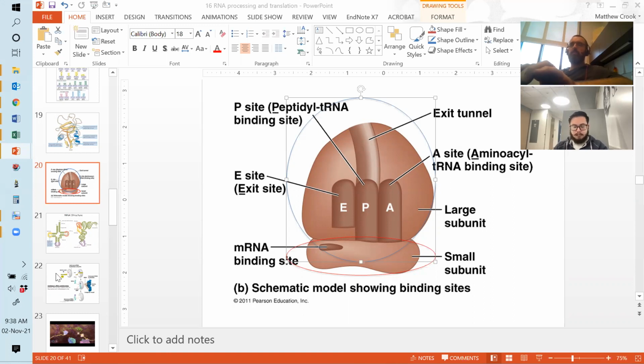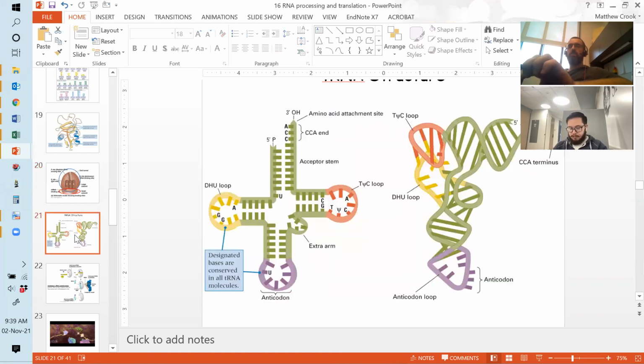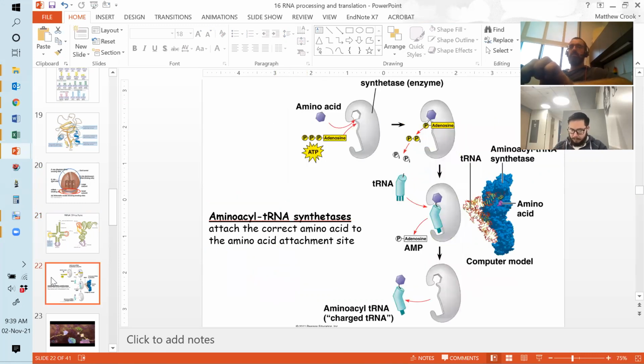Now, part of the specificity of translation comes from the anticodon in the tRNA. In fact, arguably all of it does, to be honest. But also the specificity comes from the enzyme that puts the amino acid on the other end. So this is the aminoacyl tRNA synthetase, which is a bit of a mouthful.